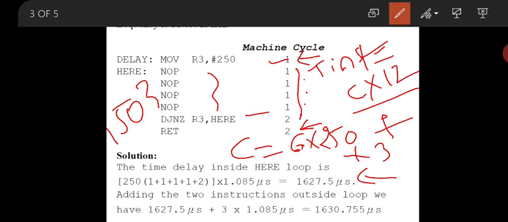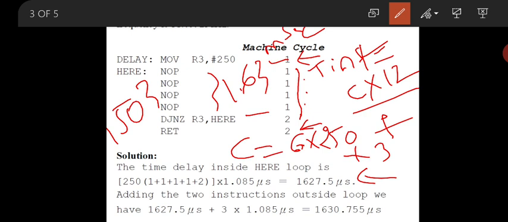So it will be coming with a total of approximately 1630 microseconds, that is 1.63 milliseconds.